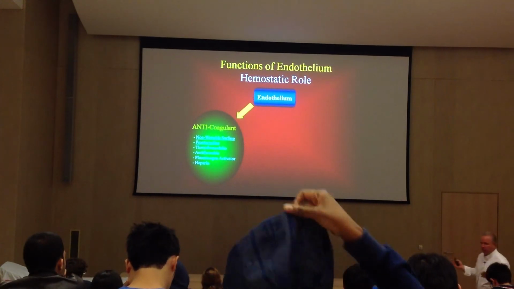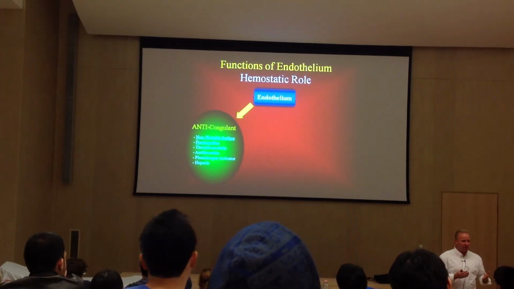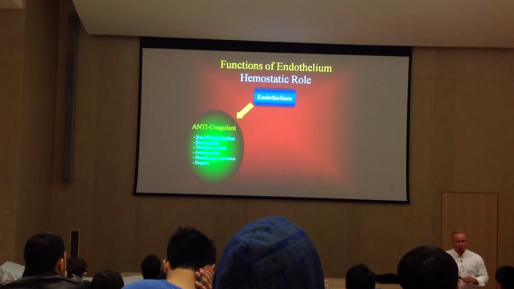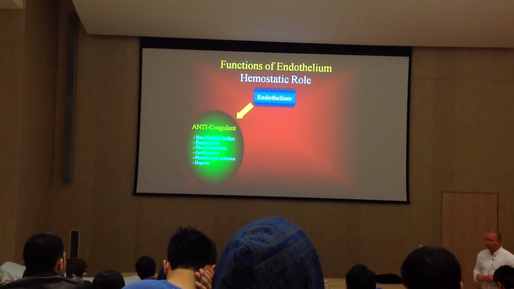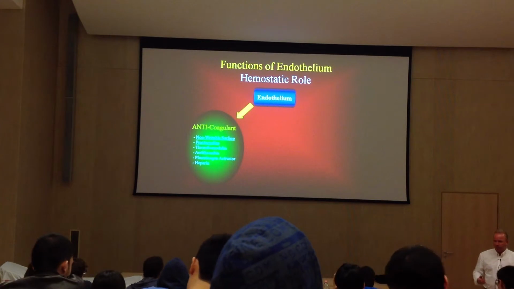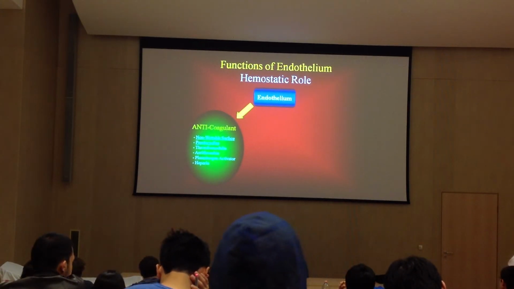Hemostasis, per definition, is the control of the blood coagulation process. Under physiological conditions, you don't want the coagulation. So under physiological conditions, the endothelium must be involved in the anticoagulant functions because it must prevent the unwanted coagulation of the blood.